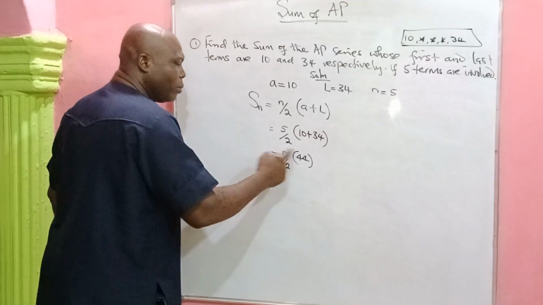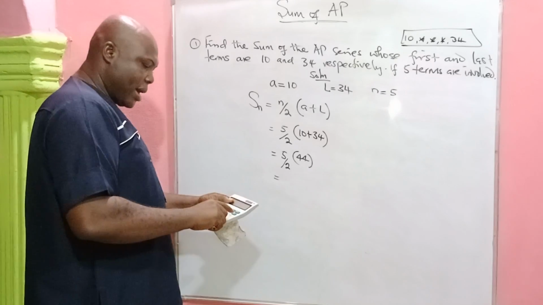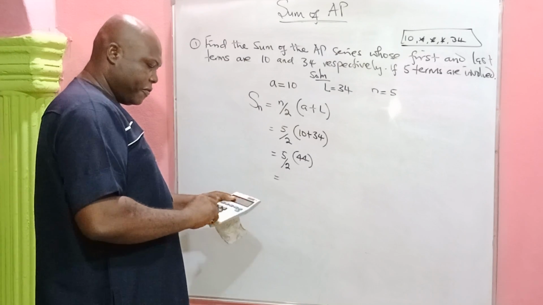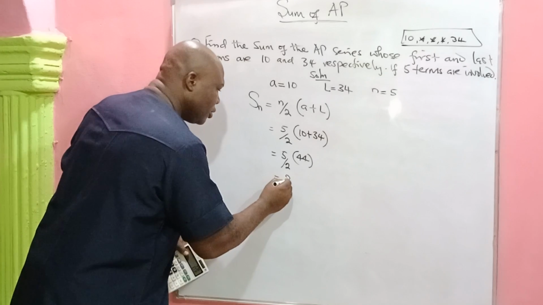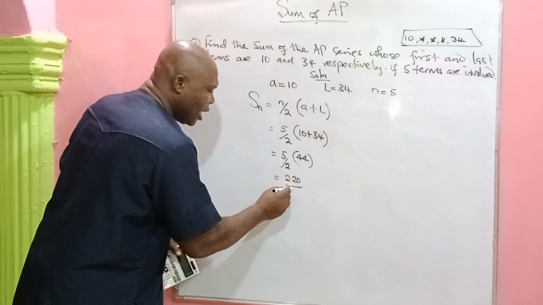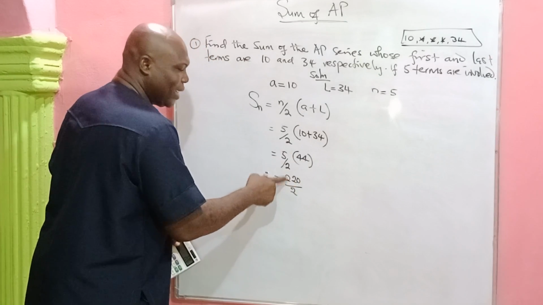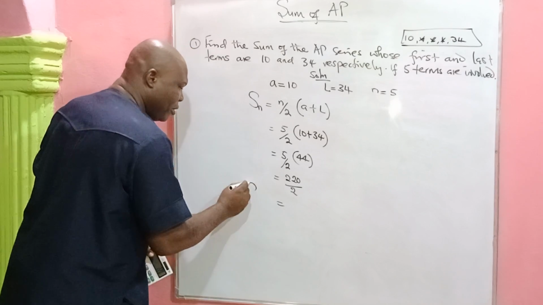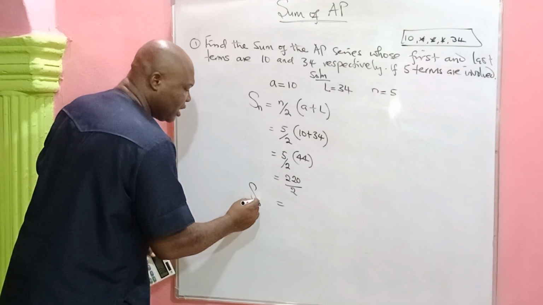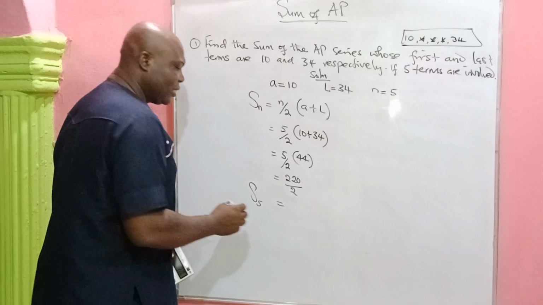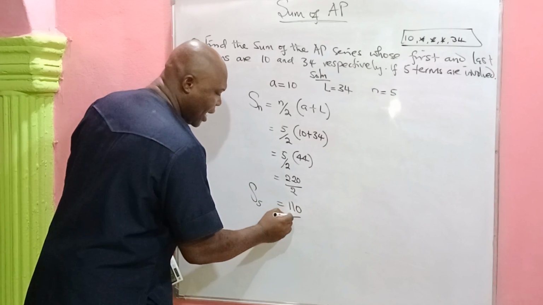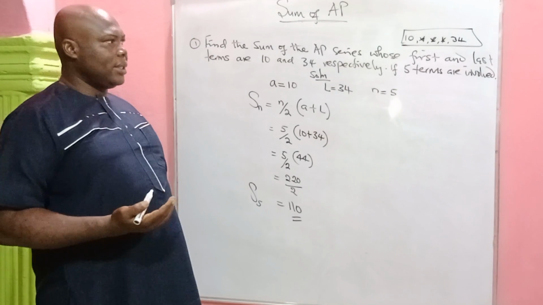We multiply 5 by 44. 5 times 44 is 220, all over 2. So the sum of the 5 terms of that AP series gives us 110. As simple as that.